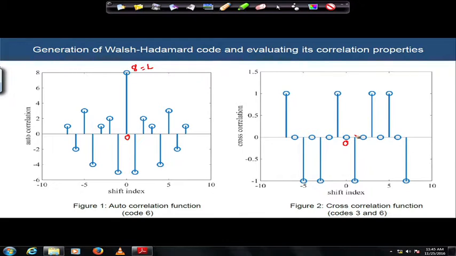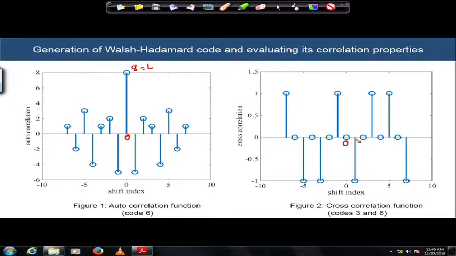And now we notice that as we shift one of the codes, like in this case if we keep code 3 the same and we shift code number 6, for different lags we end up getting values. Sometimes it is 0 and at other times the value turns out to be 1. So this is a very interesting property of Walsh-Hadamard codes.